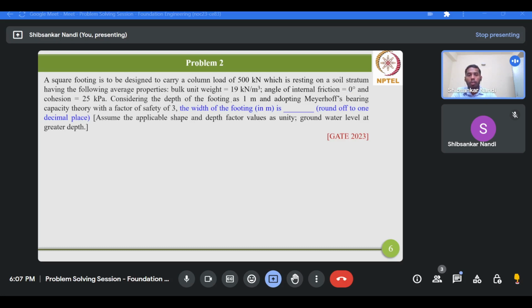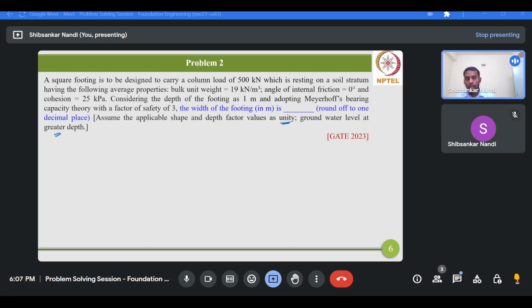Considering the depth of the footing as 1 meter and adopting Meyerhof's bearing capacity theory with a factor of safety of 3, the width of the footing is. A few assumptions are also given: the shape and depth factors you can assume as unity, and the groundwater table is at greater depth.